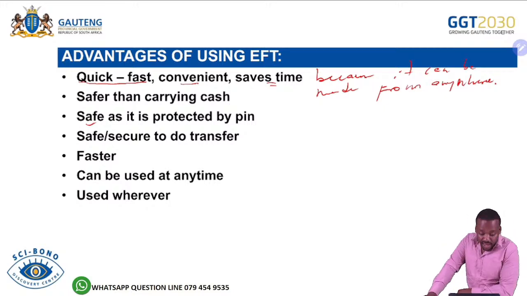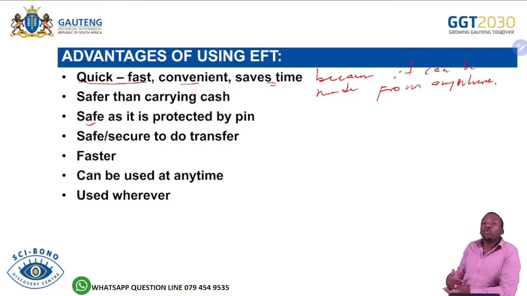Right. So we are saying an advantage of using EFT: it is quick or fast or convenient because it saves what? Time. Or how does it save time? How is it convenient? How is it fast? How is it quick? Because it can be done from anywhere.